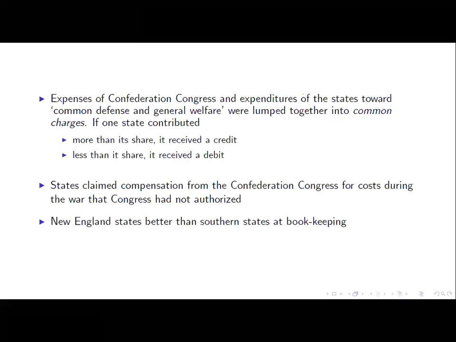And there's going to be these big debates, it's very vague how much each state owes and whether you get credit for expenses that you did for a national cause. Also, it's just going to be assessed based on the value of your landed property. It's just going to be very hard to tell on that.